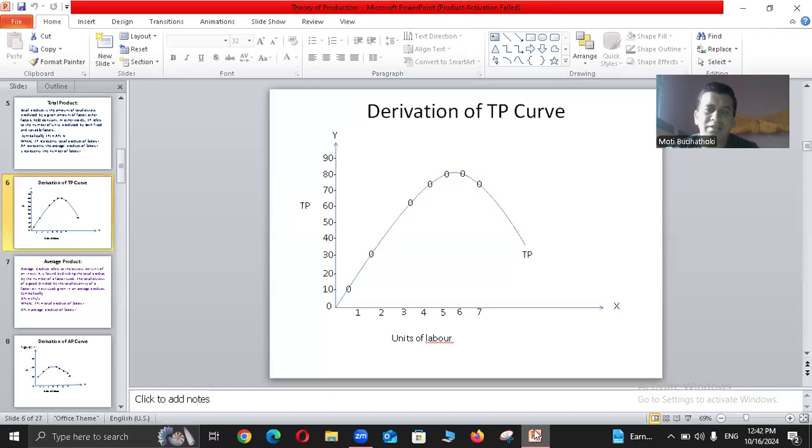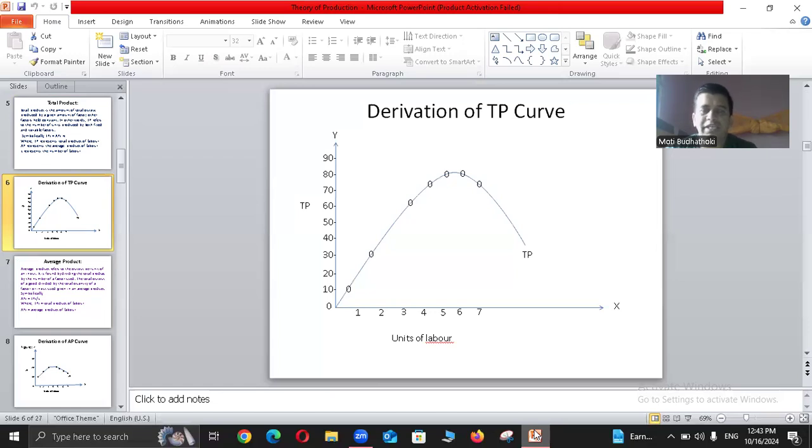Here is the TP curve, which shows the derivation of TP by using the different combinations given in the above table.